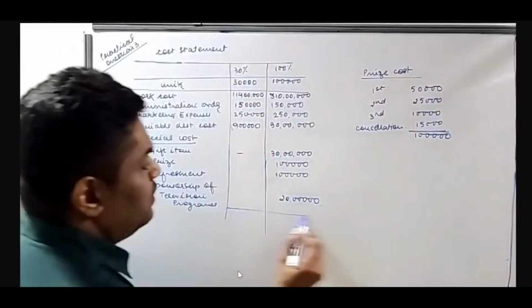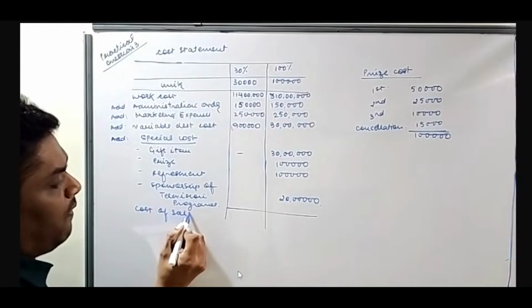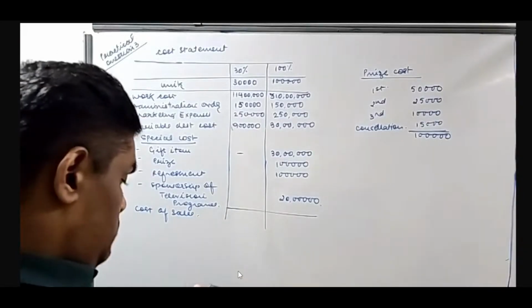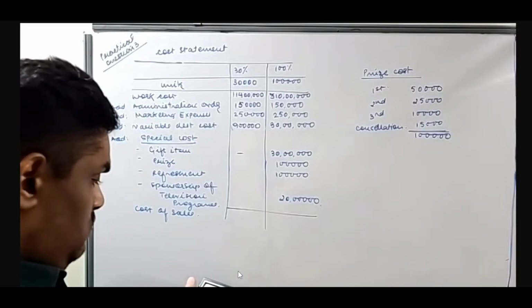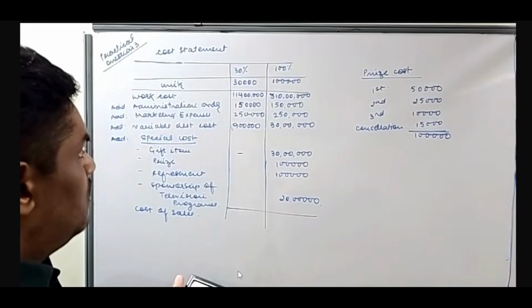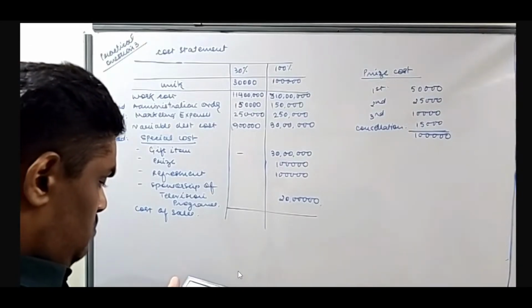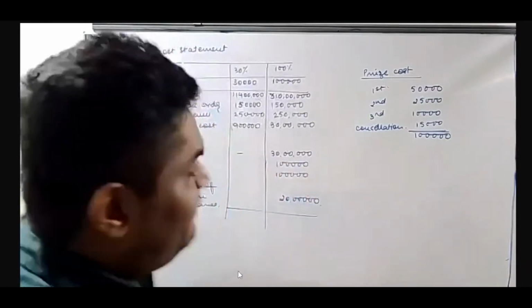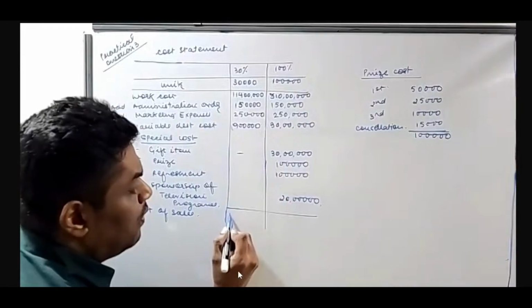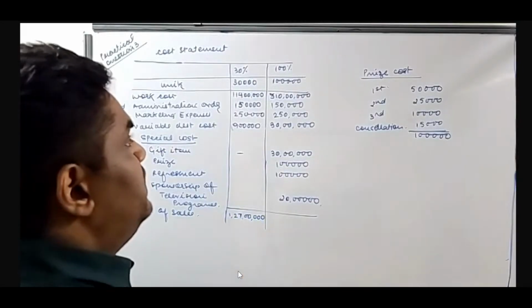So let's calculate the total cost. That is my cost of sales. This will be 1 crore. So the first will be 1 crore 27 lakh for 30,000 units.